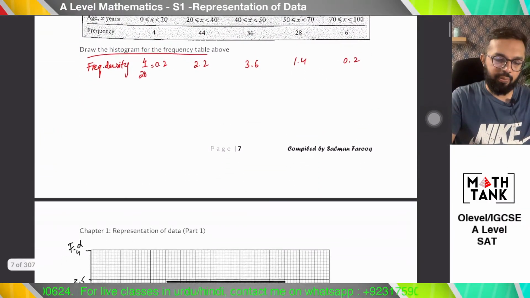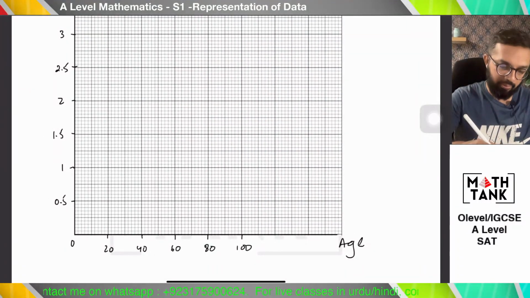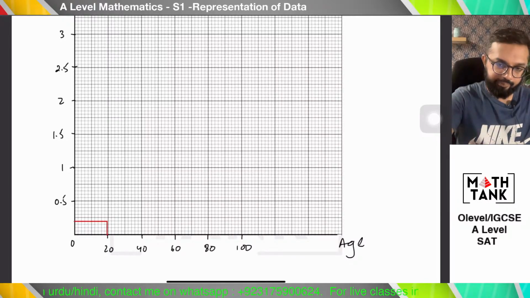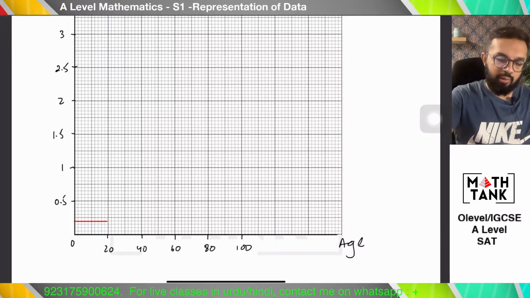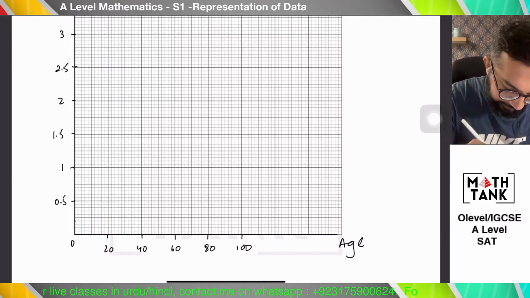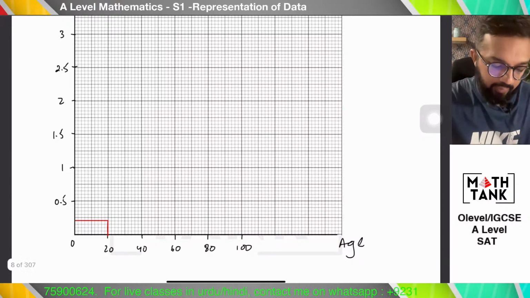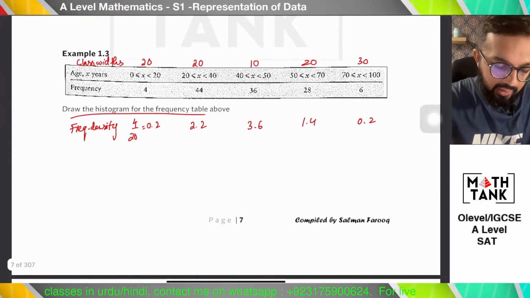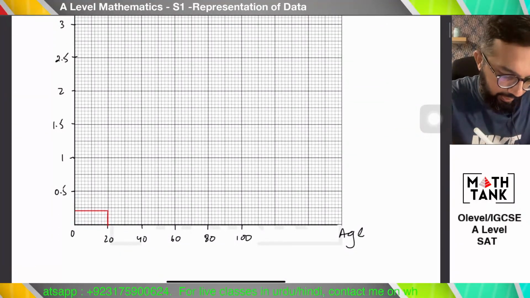Okay, so from 0 to 20, how high is the bar? 0.2. So I'm going to measure and mark 0.2 here, and draw a bar from 0 to 20. From 20 to 40, I have 2.2, so I'm going to draw 2.2.